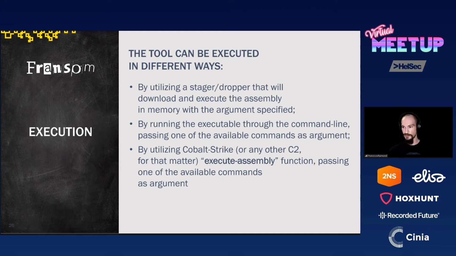The other option is the standard way, which is the one I talked about at the beginning. So basically just running the Fransom executable through the command line by passing the option related to the technique that we want to execute. And then, of course, we can use a function like the ExecuteAssembly function of Cobalt Strike in order to load it and execute it in memory.